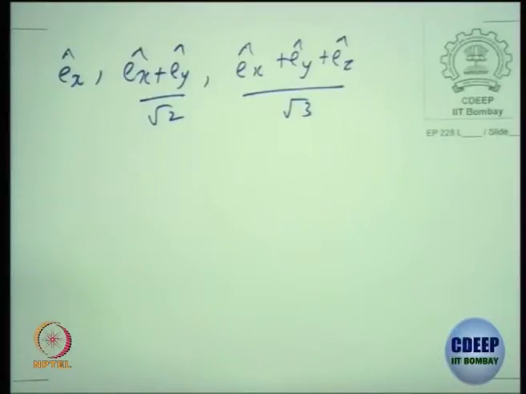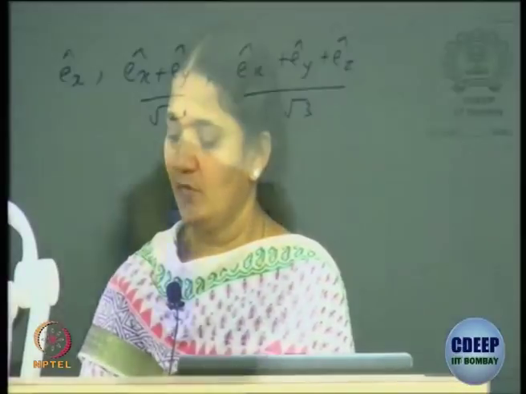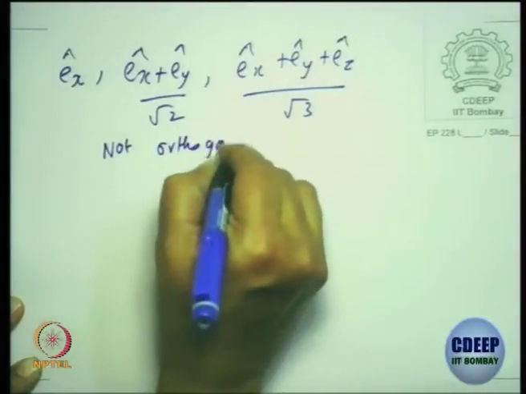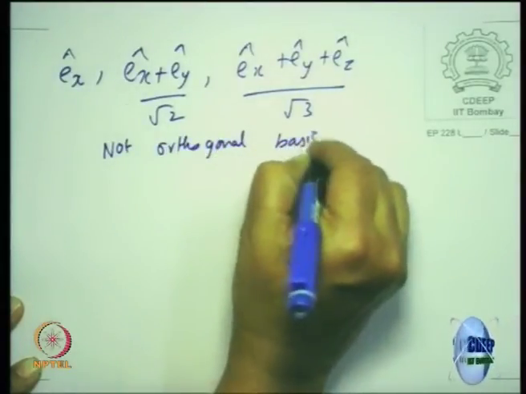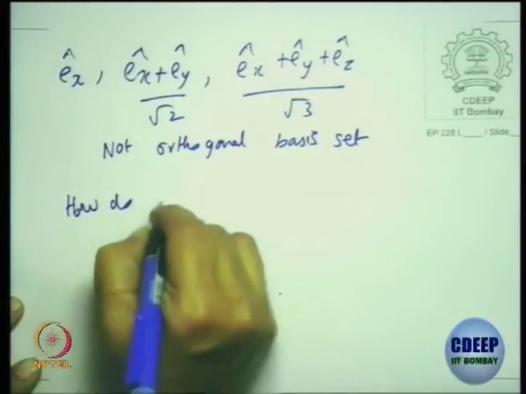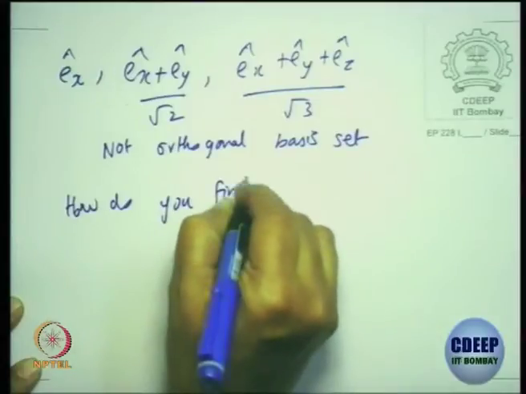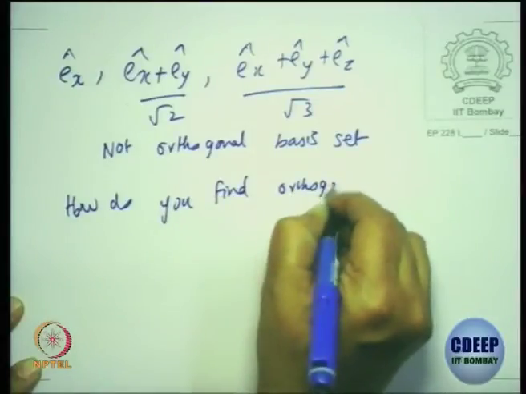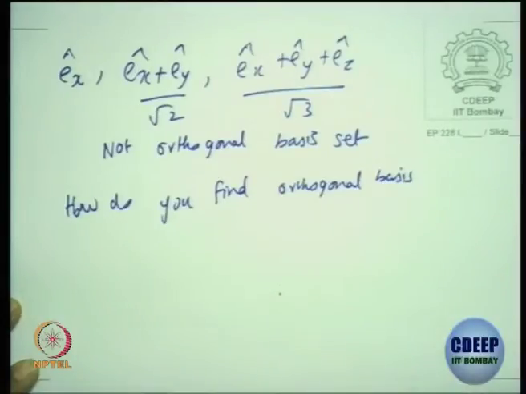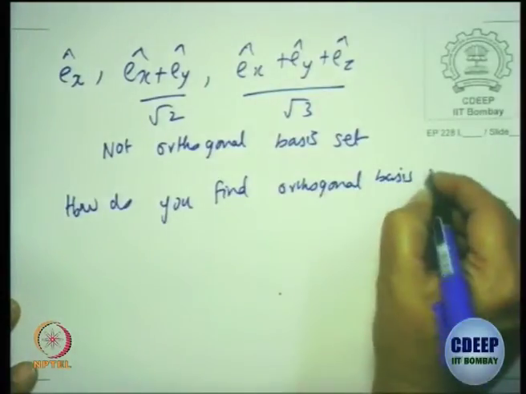And how do you go about finding the orthogonal set? So this is not an orthogonal basis. How do you find an orthogonal basis from the above set?